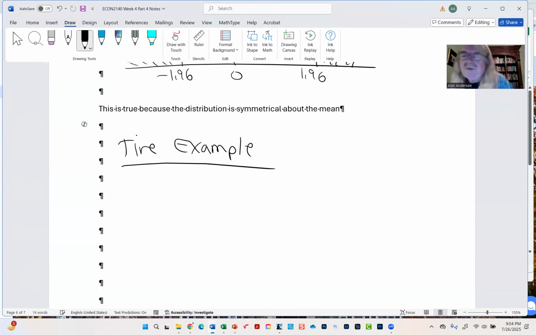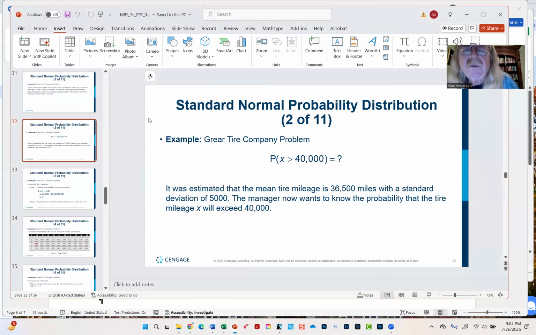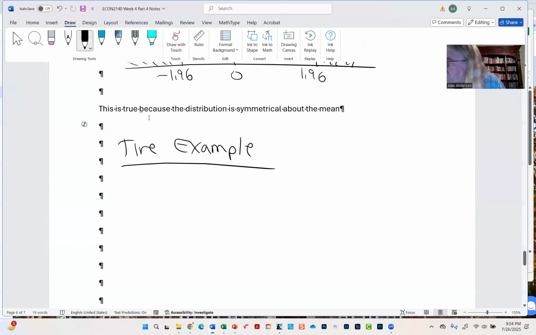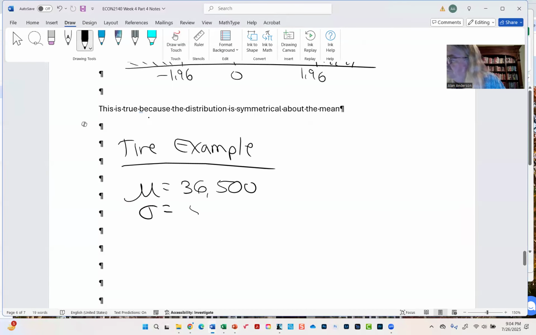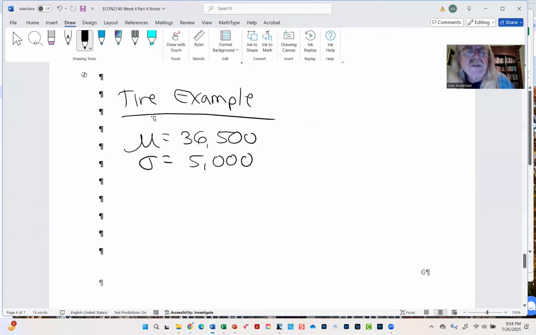All right, so once again, we're assuming the tires have a normal distribution. The mean is 36,500. The standard deviation is 5,000. So your curve would look something like this.